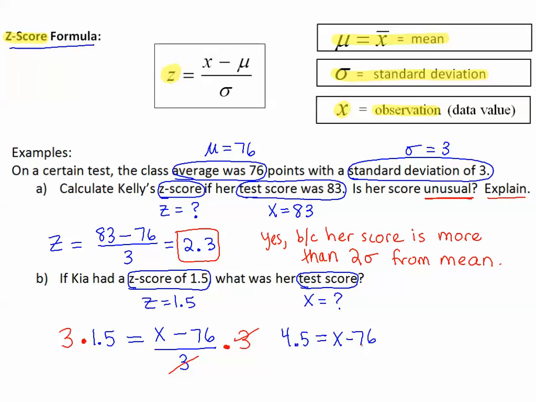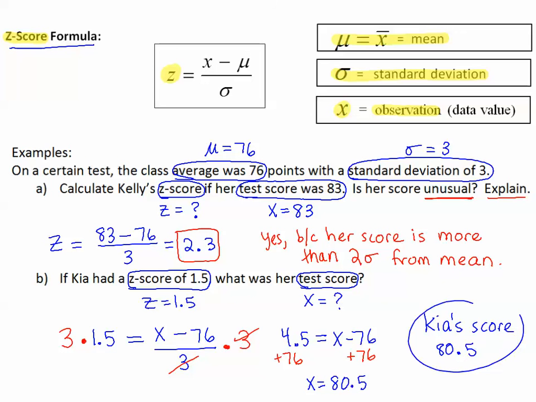What's the inverse of minus 76? Add 76. When we add 76, we get that x equals 80.5. So Kia's score is that x value, 80.5.